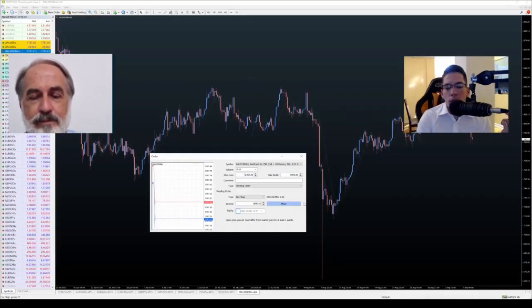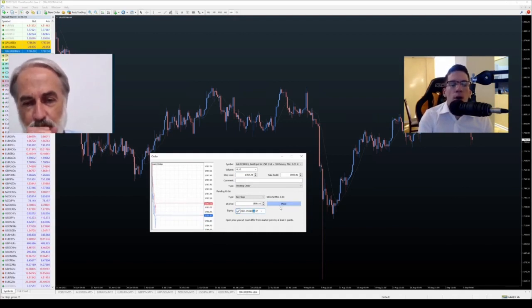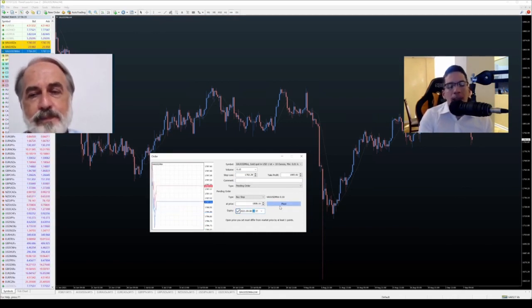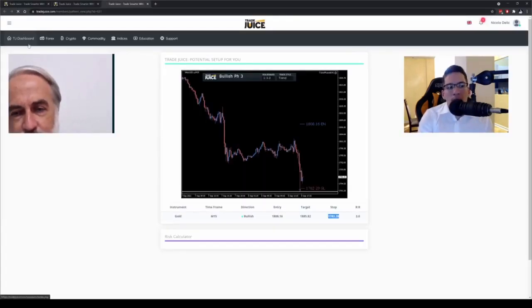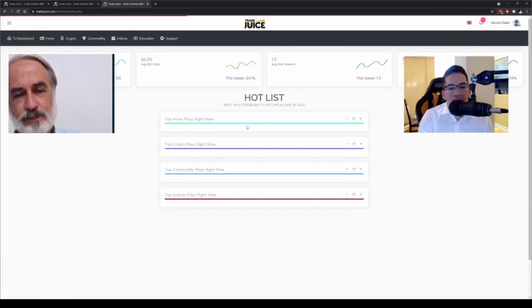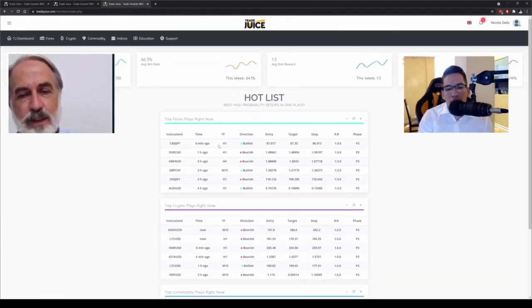And you can place the trade, or you can go here in expiry, put expiry 2-3 hours, just because you're always going to have more trades. You don't need to wait a day, 2 days for the market to come to you, and that's why I really love how Tradejuice operates, since you always have something to trade with this platform.